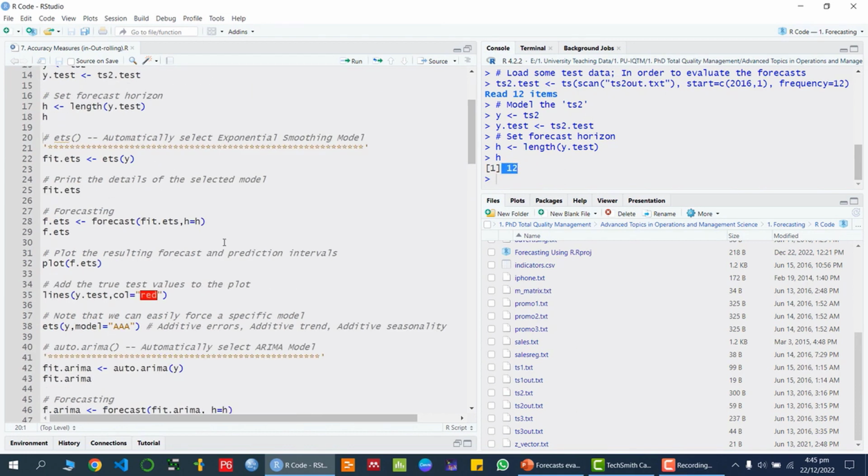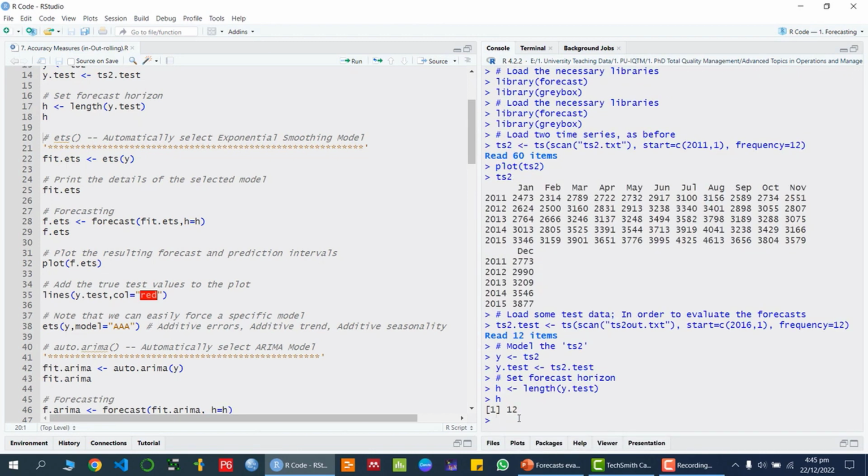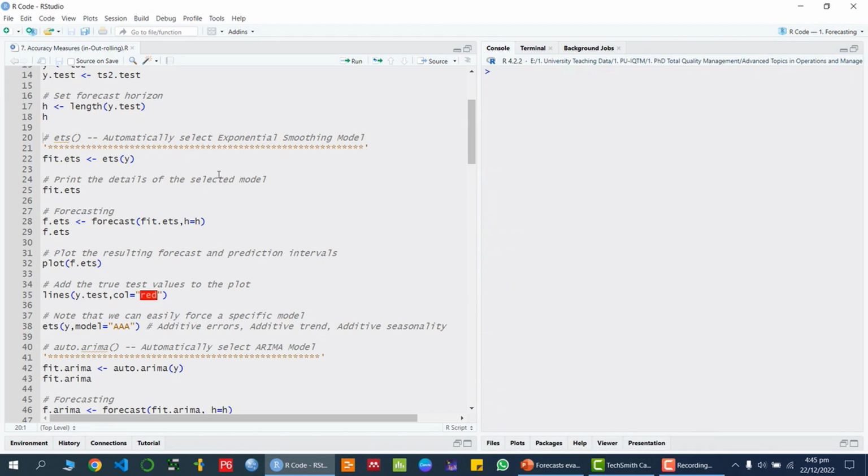In order to find the forecast errors, first of all we need to apply the forecast method. So from the forecast package, I'm using a function called ETS, and I'm giving the name of the variable which is going to be used to fit the model.